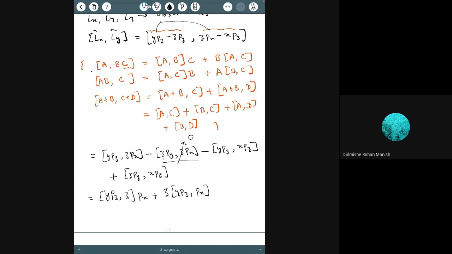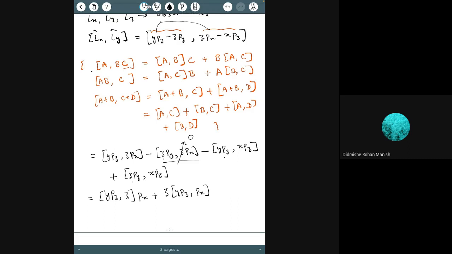Okay. This one I'll have to work out, and here again I have z p_y and x p_z. So I can take out z once and then afterwards x as well. And this will leave me with the p_y and p_z commutator.